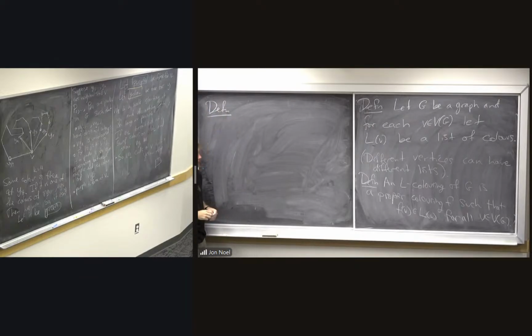Okay. So this leads us to a different type of chromatic number called the list chromatic number.